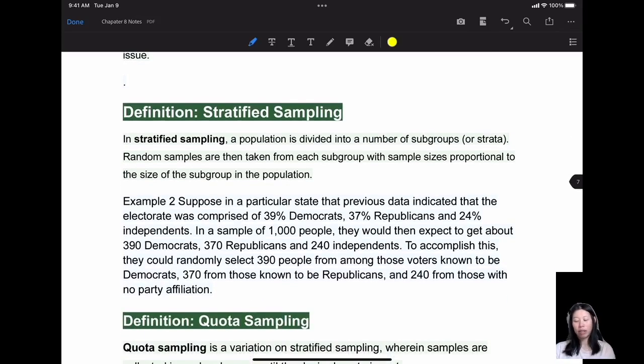So suppose in a particular state that previous data indicated the electorate was comprised of 39% Democrats, 37% Republicans, and 24% independents. In a sample of 1,000 people, they would then expect to get about 390 Democrats, 370 Republicans, and 240 independents.